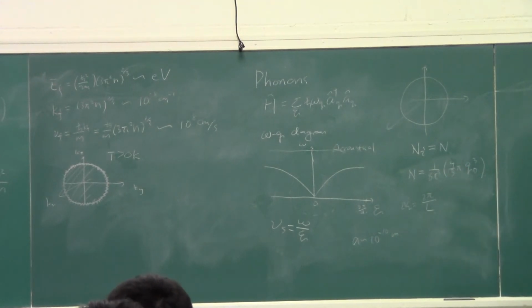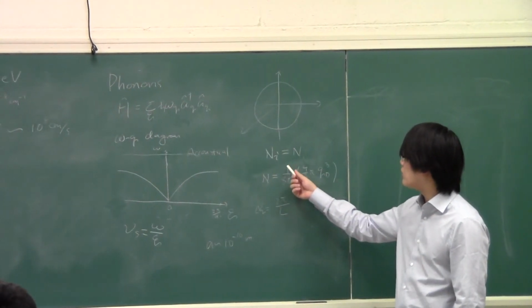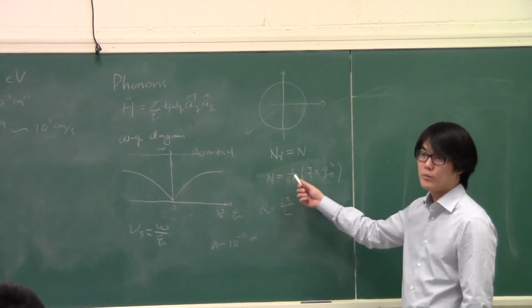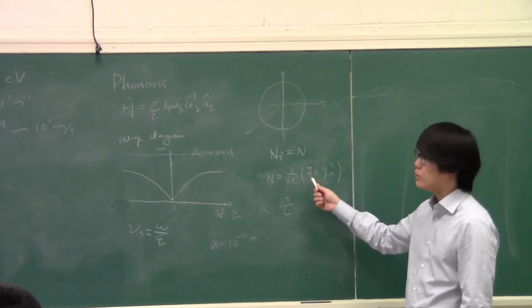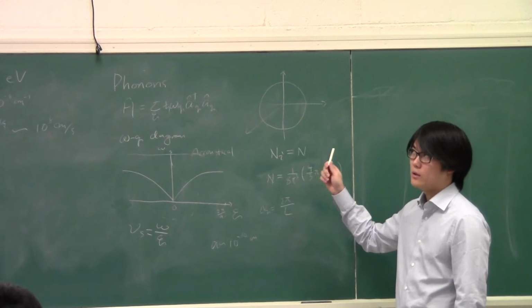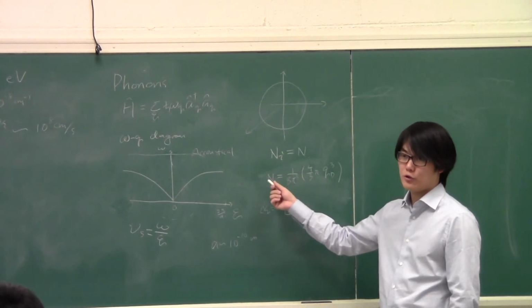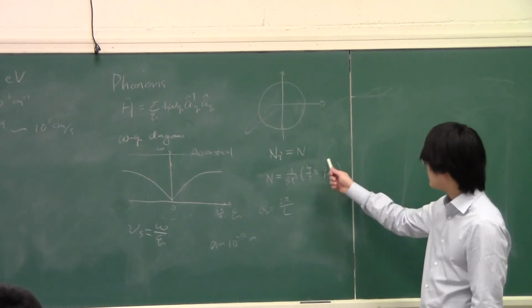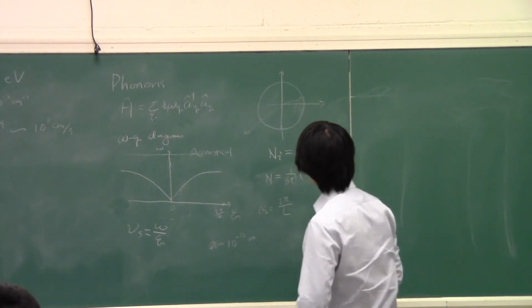So what we're doing here is taking a sphere in Q space, dividing it by the volume per unit cell, per mole, and equating this to the total number of moles there should be. This fixes QD for you, which is the size of this Debye sphere.